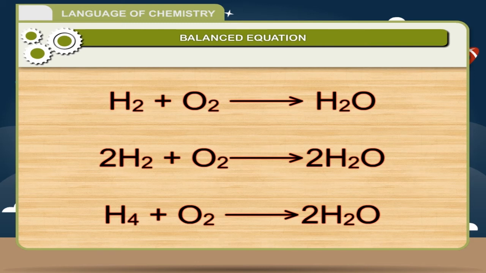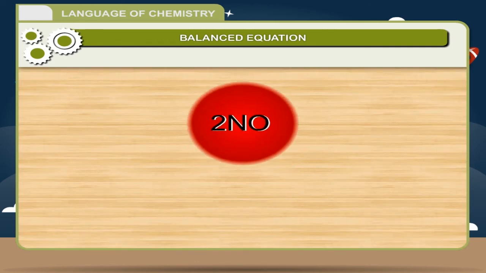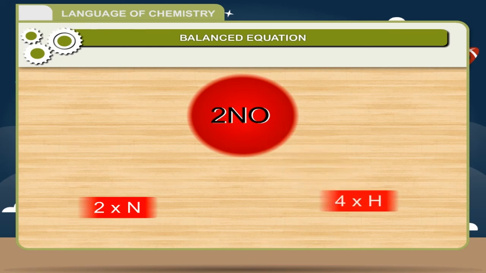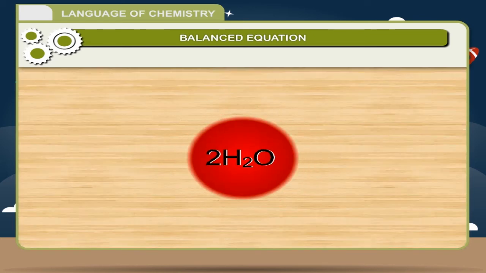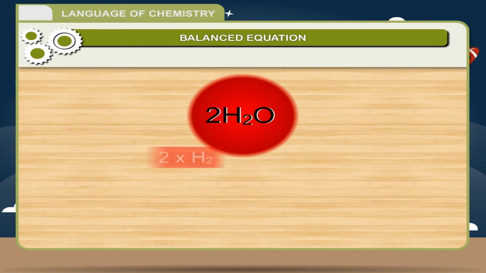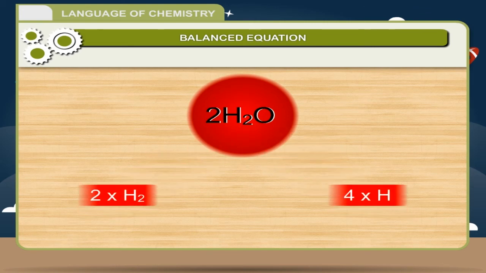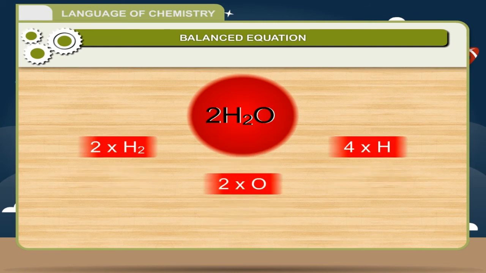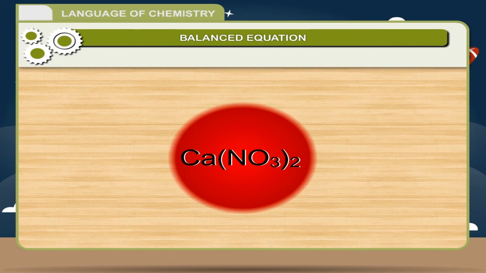Elements combine in a fixed ratio which we cannot alter. When we write 2NO, it means 2 into N and 2 into O, not just 2 into N. Similarly, when we write 2H2O, it means 2 into H2 is equal to 4H and 2 into O is equal to 2O. Let us try it out in Ca(NO3)2.